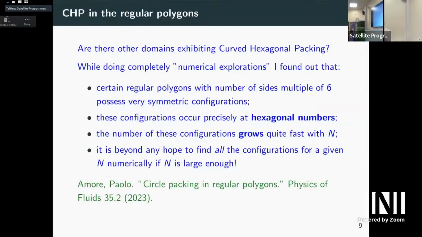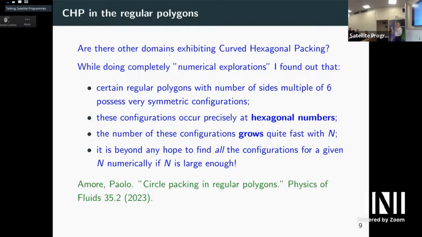So a few months ago, in November, I was completely taken by computational programming. I wrote an algorithm to pack disks in the hexagon and in polygons. At one point, I started to see that something funny was happening for certain regular polygons and for certain numbers.